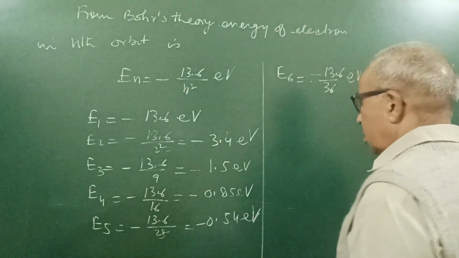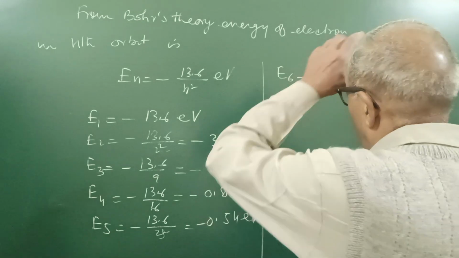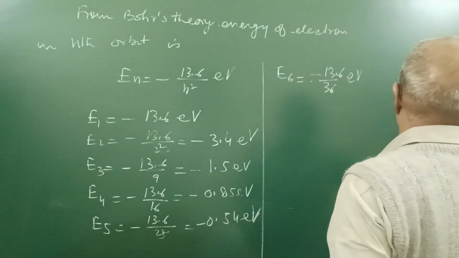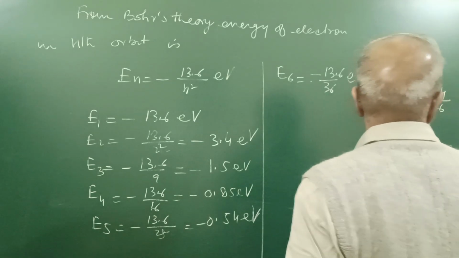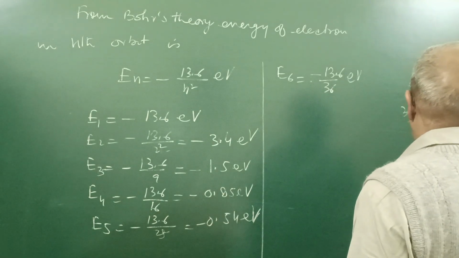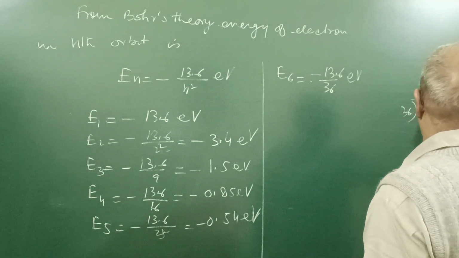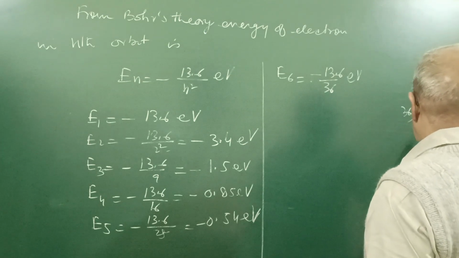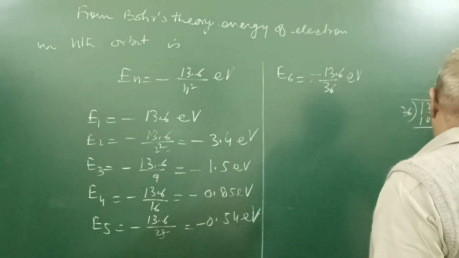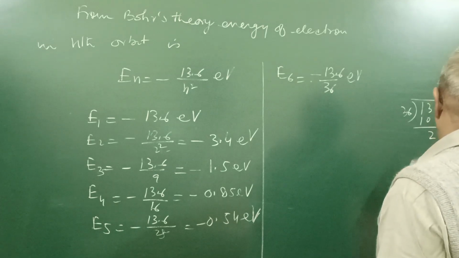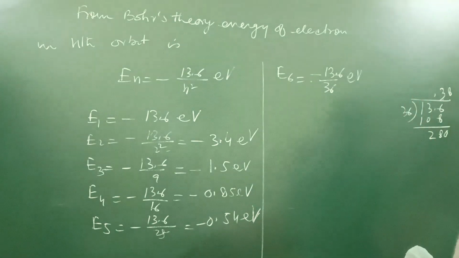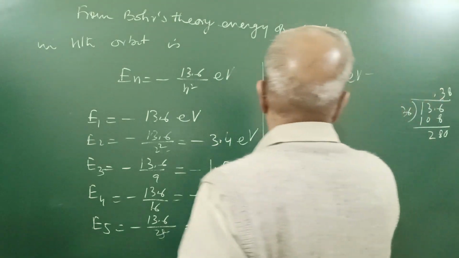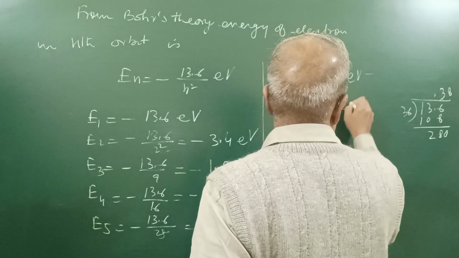How much is it? 13.6 divided by 36 is nearly 0.38, so minus 0.38 electron volt.